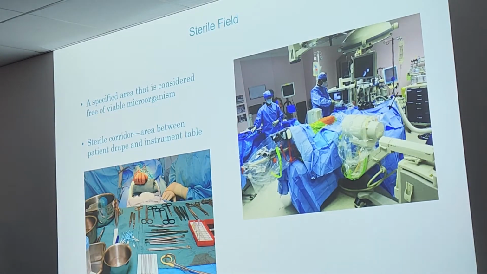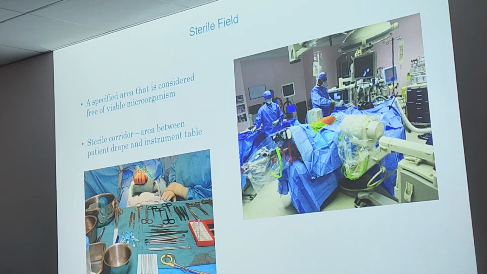So what is a sterile field? Anything that is blue or green in a surgical setting, this is all sterile. All of this is sterile. You can see the C-arm is draped here, that's also the sterile covering of the C-arm, that's also sterile.